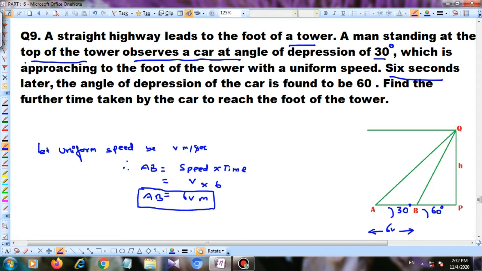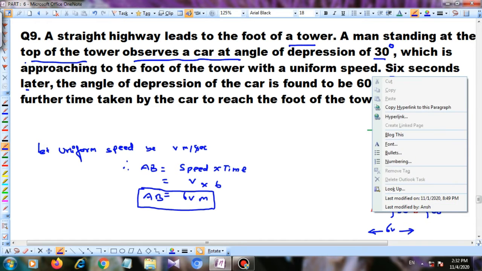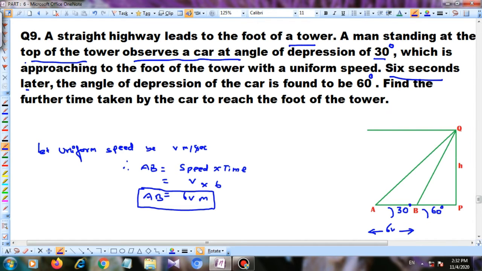After 6 seconds, the angle of depression of the car is found by him to be 60 degree. Find the further time taken by the car to reach the foot of the tower.